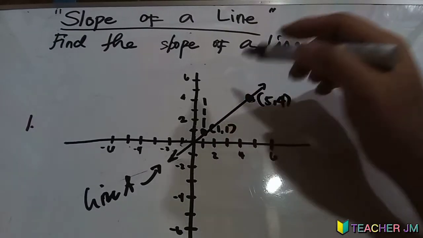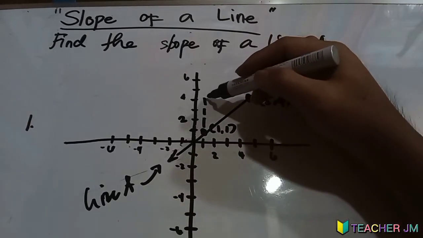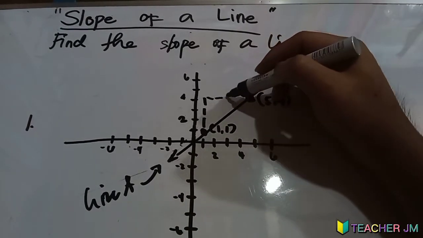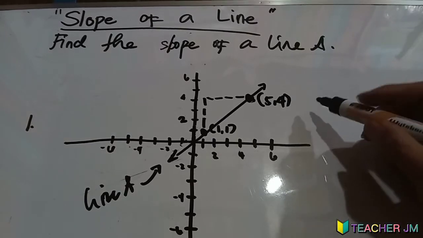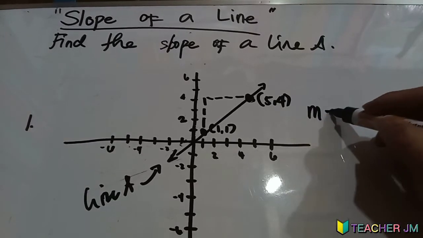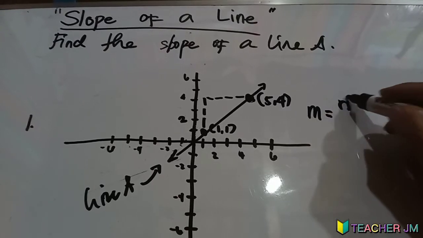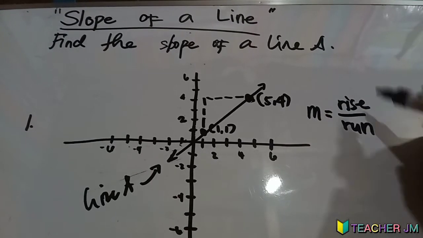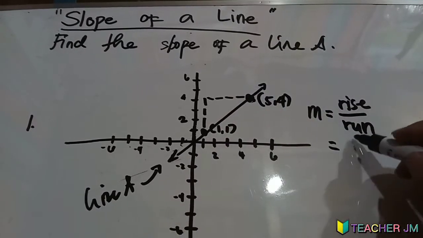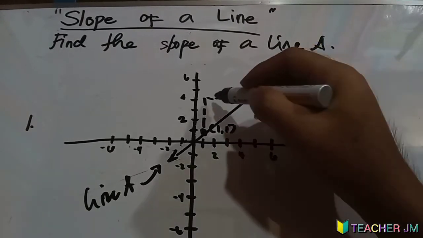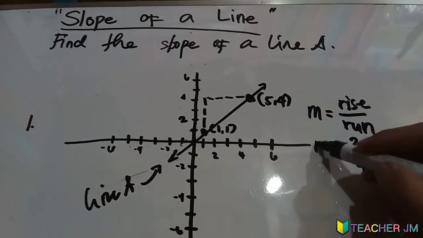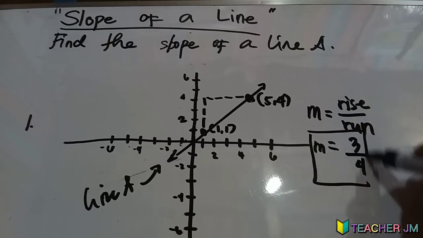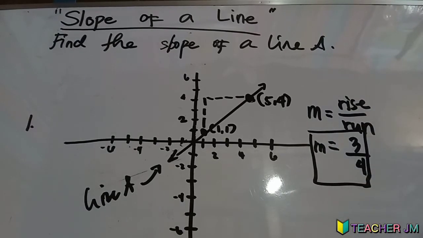Mag-count din tayo dito: 1, 2, 3, 4. So ang ating slope is M equal rise over run. Ating rise is 3 over our run is 4. So our slope is 3/4.